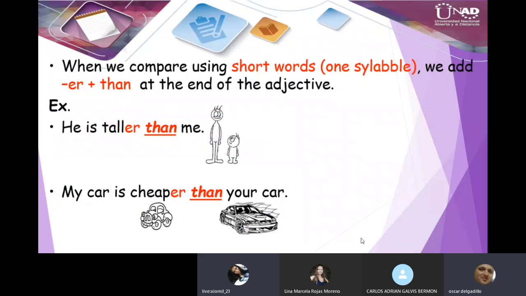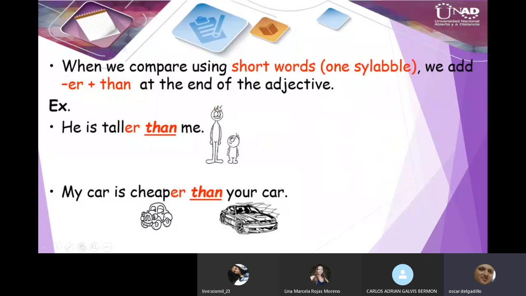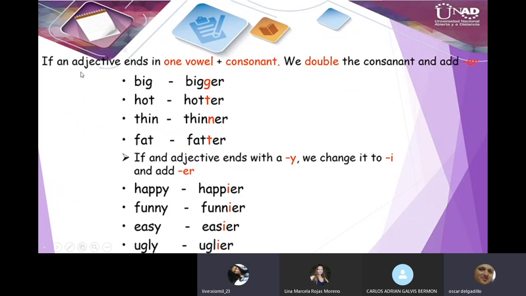Today we are speaking about comparative and superlative adjectives. If an adjective ends in one vowel plus consonant, we double the consonant and add er.